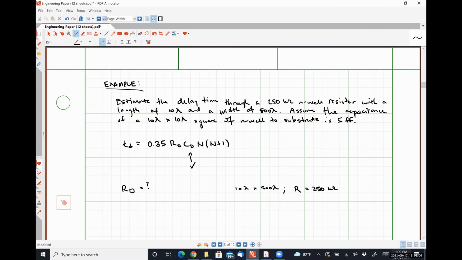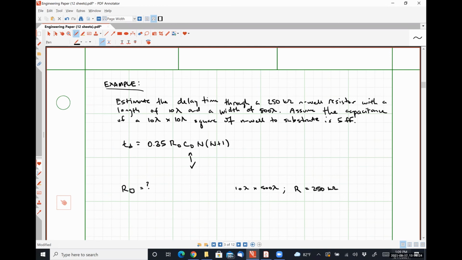So I would argue that that amount of information will make it pretty easy for us to calculate what N is as well, right? And then we could figure out what R square is by dividing our total resistance by N.